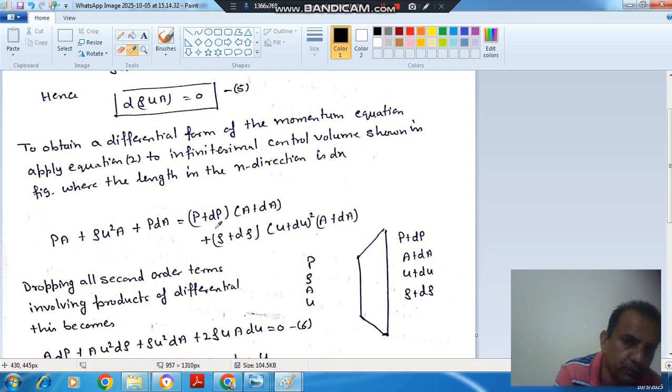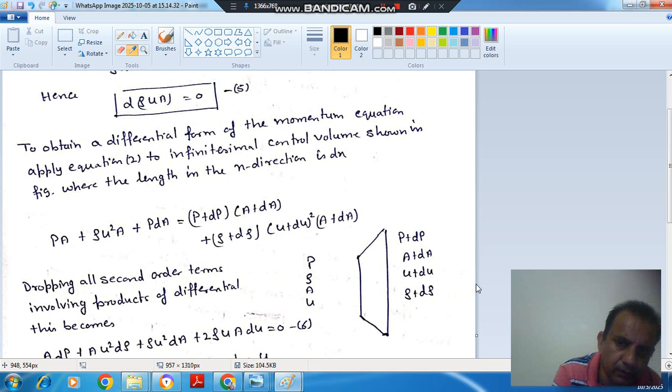If we drop the product of two small quantities, dP and dA, or du square, and solve it, then we will get the term PA here. So PA will cancel. We will get the term rho U square A, and if we open it, the U square terms will also get cancelled. We will get P into dA, so P dA will also cancel.